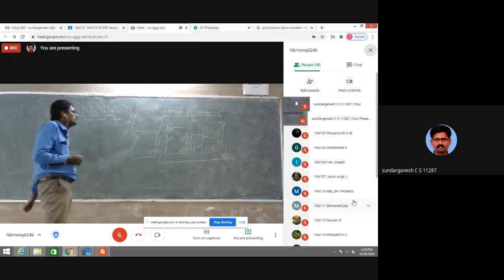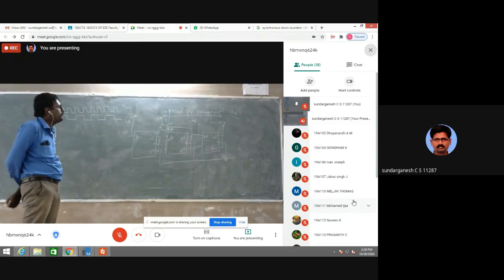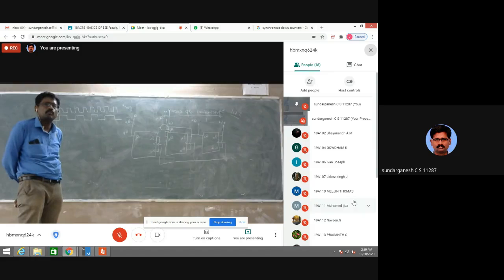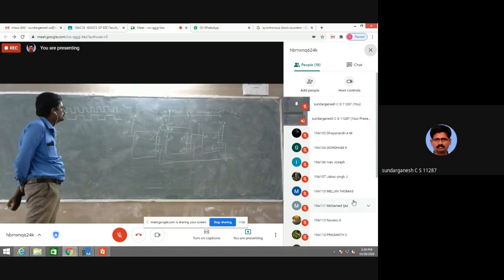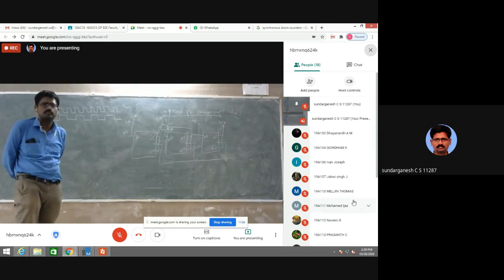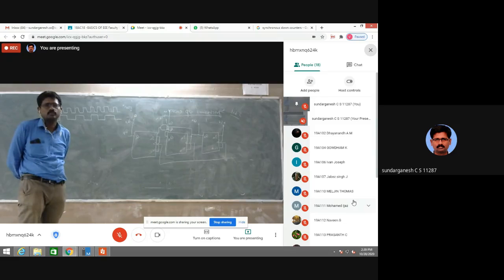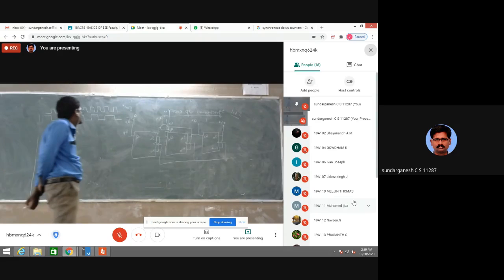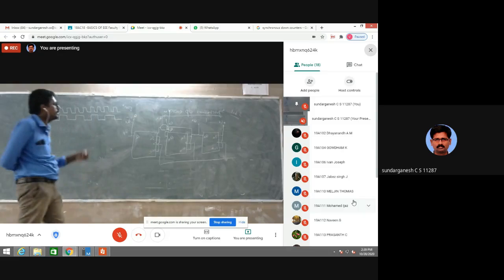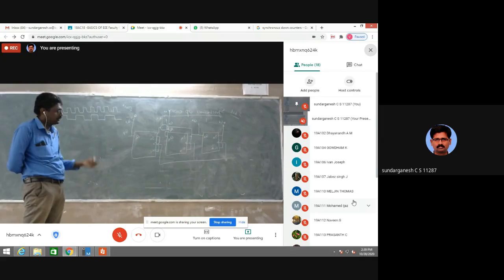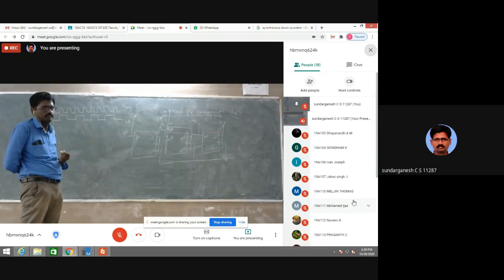QB. So QB will toggle the output when J and K are 1. When will J and K be 1? When QA is 1, J and K will be 1. When QA is 0, J and K will not be 1. So these two conditions: JB and KB should be 1, as well as the clock should be at the negative edge.